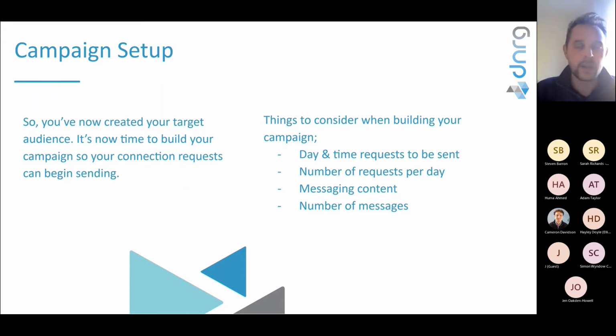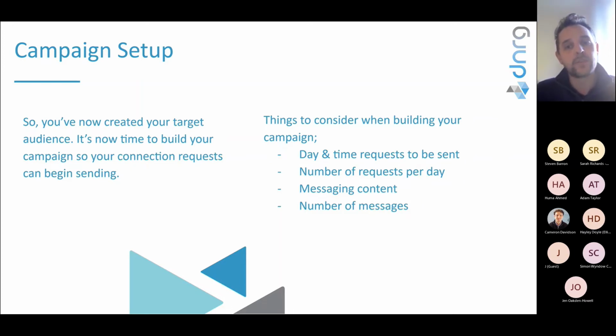So you want to make sure that those are set up. You can tailor them if you want to send on maybe just a Monday, Tuesday, Wednesday, or certain times of the day. That can all be amended and altered whilst the campaign's being set up.